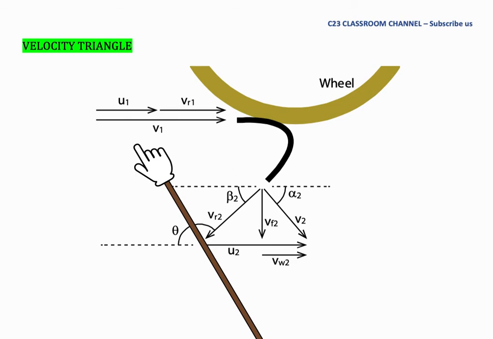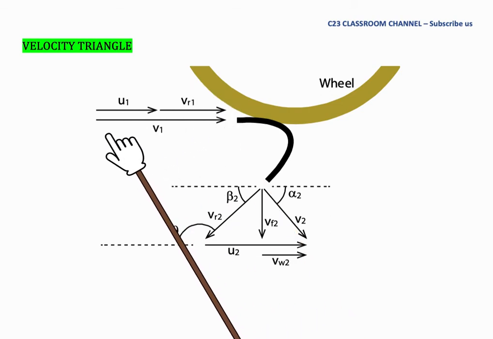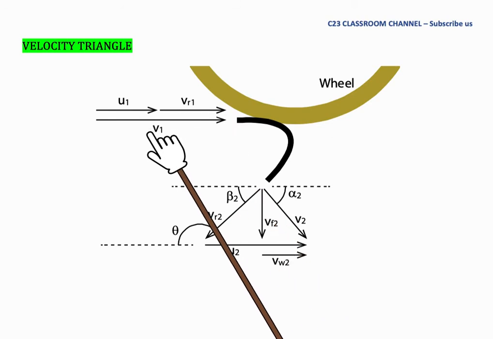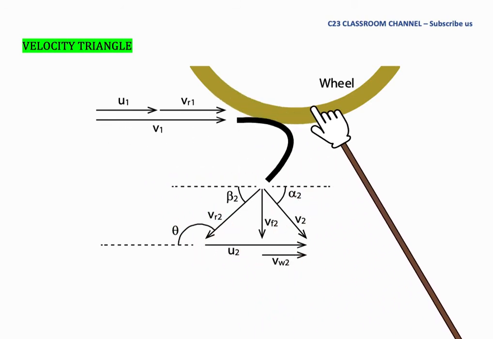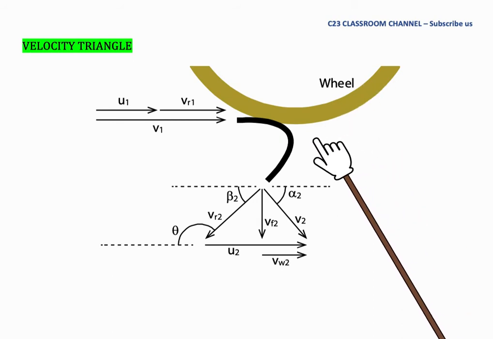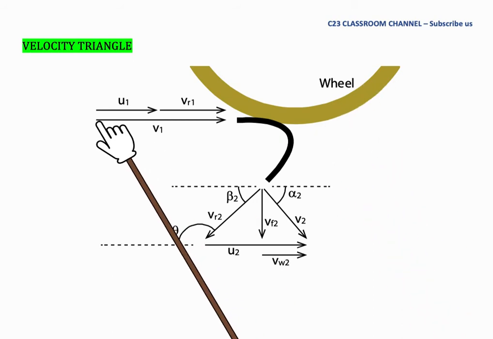Let's see the inlet here. The water jet flows from left to right, and we assume that it flows tangent to the wheel to get the maximum rotation of the wheel. So we draw the absolute velocity V1 horizontal like this.